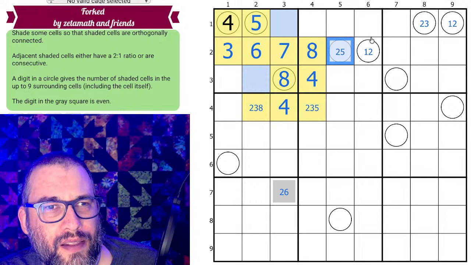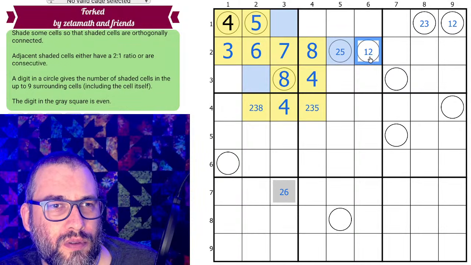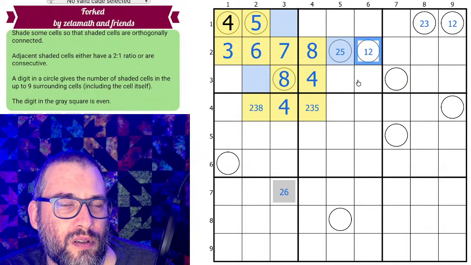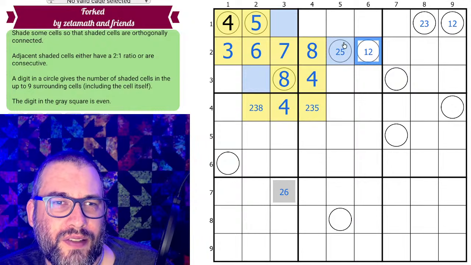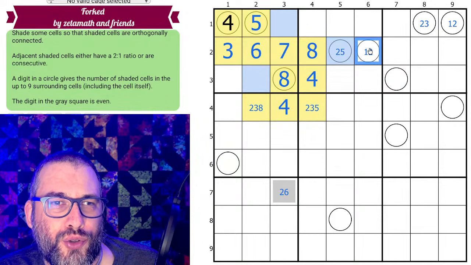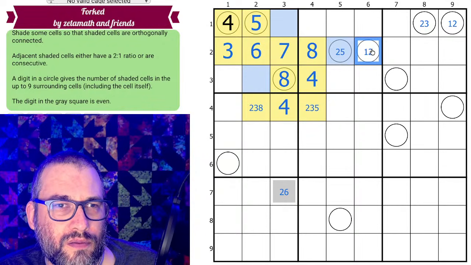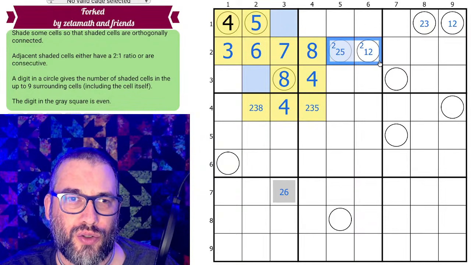Now, theoretically, this could still be 5 if that's 2. Yeah, I guess this either goes 5, 2 or 2, 1. So we can say that one of these is a 2.